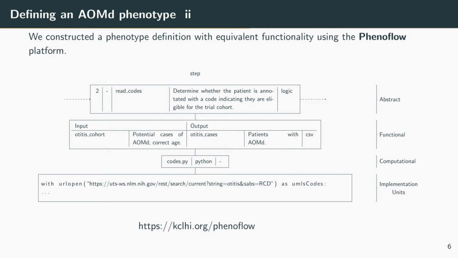So we took the functionality of these existing OpenEHR-based archetypes, and we represented them under the PhenoFlow model. An example is shown here for AOMD, and this particular step of functionality is identifying patients with certain clinical codes that indicate that they do indeed have AOMD. And there's a separation here between the abstract logic and the implementation, which suggests a degree of portability.